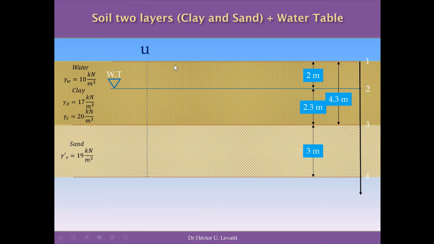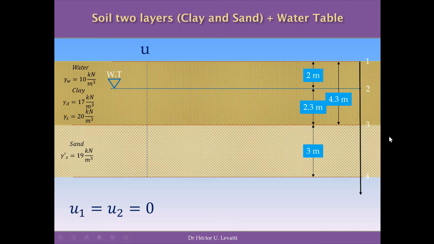The layer of clay is saturated under the water table, and we can even consider that it's saturated over the water table because of the capillary effects. But this is not the video to discuss this topic. This video is about the calculation or determination of the effective stress in a simple exercise like this.